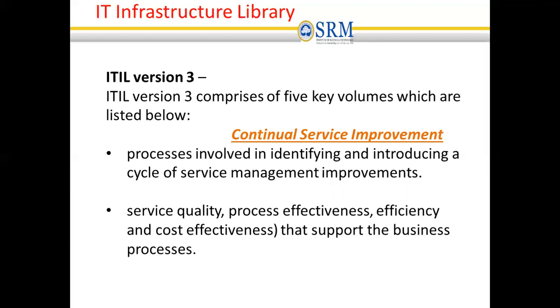This volume introduces the cycle of service management improvement policies. The goal of continual service improvement is to align and realign IT services according to the changes in business needs by identifying and implementing improvements in the IT services.